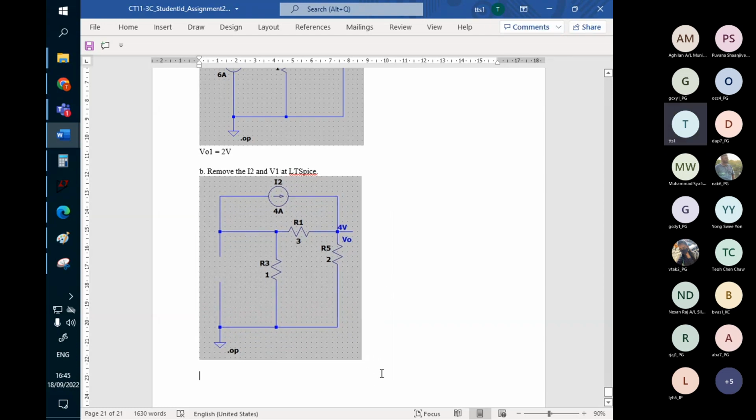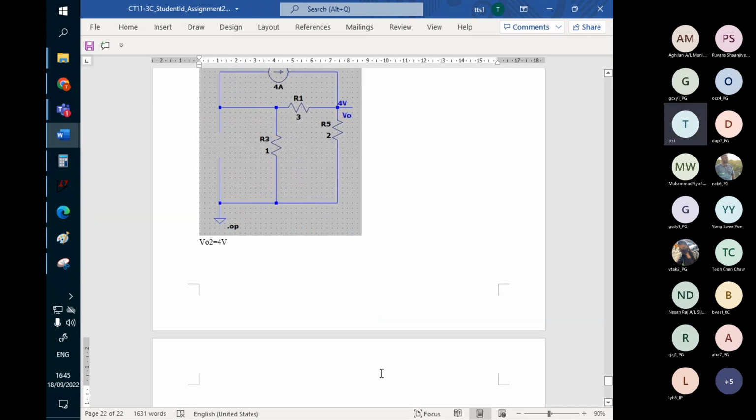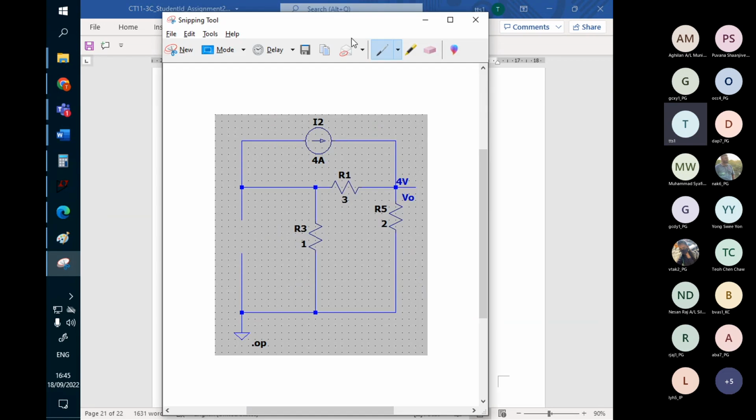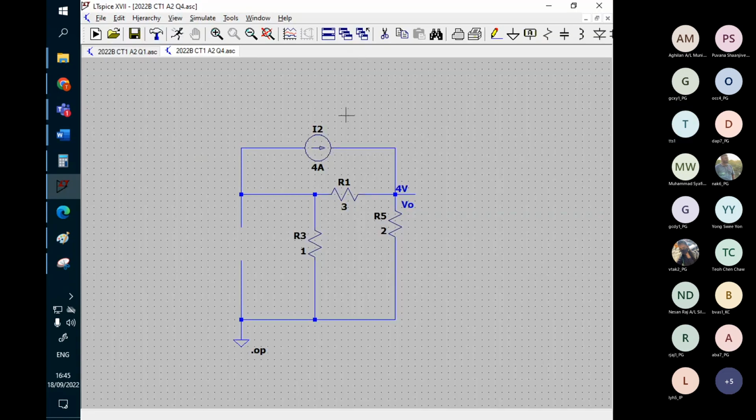All right, now V out 2 is 4 volt. Okay, now we're down to the last possible configuration. First, let's recover back. Let's press F9 to recover back.